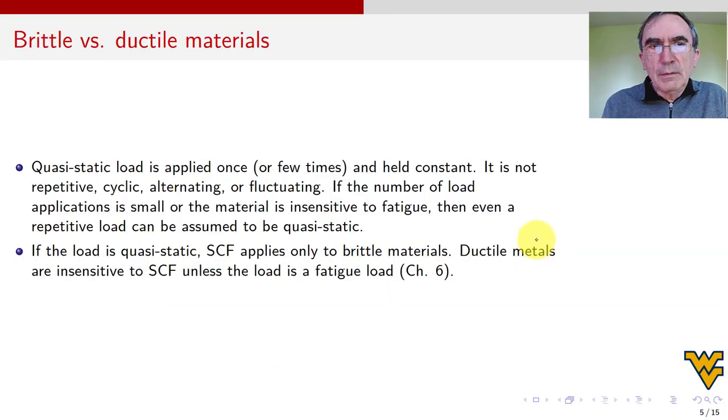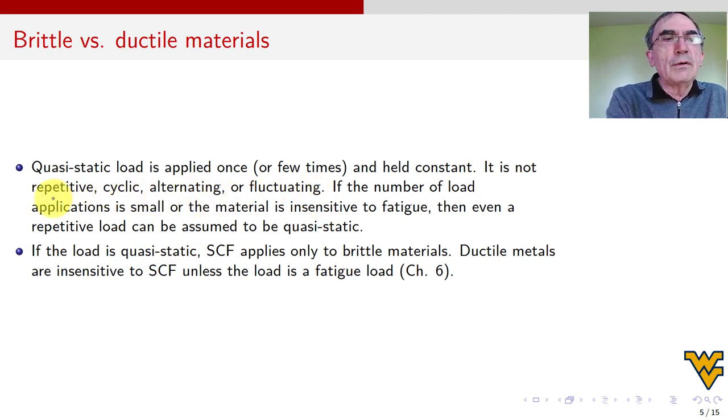So, okay, now we know that the stress will grow if the material is elastic. Now we talk a little bit about the type of load. A quasi-static load is a load that is applied once or a few times, and then held constant. So it's not a load that we are changing all the time, like repetitive, cyclic, alternating, or fluctuating.